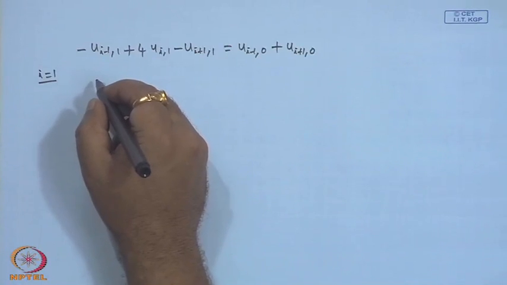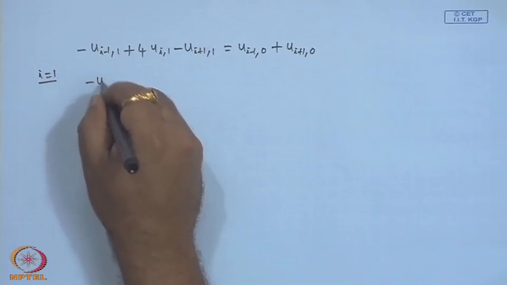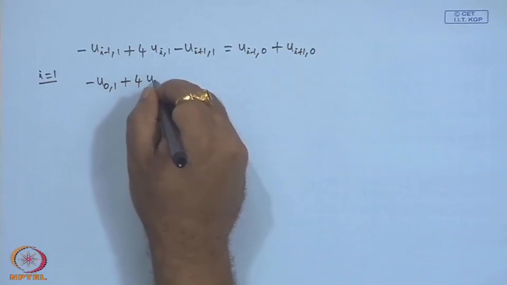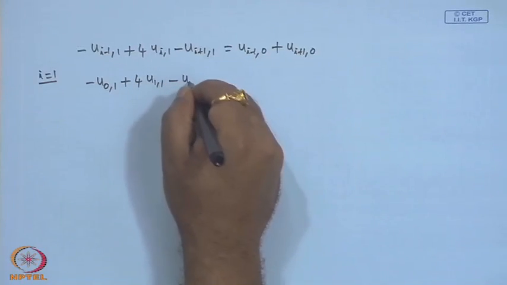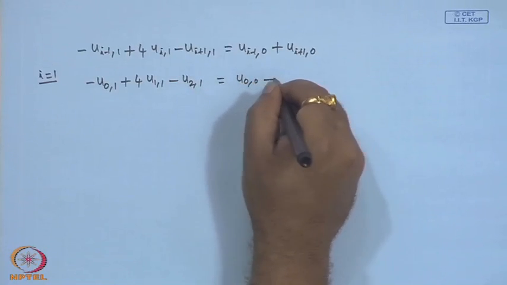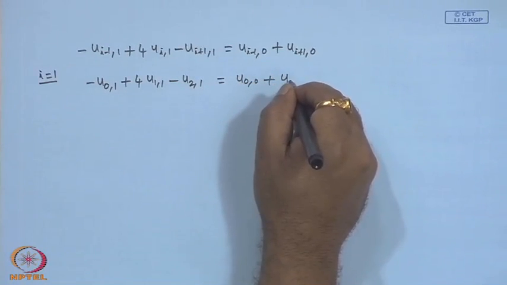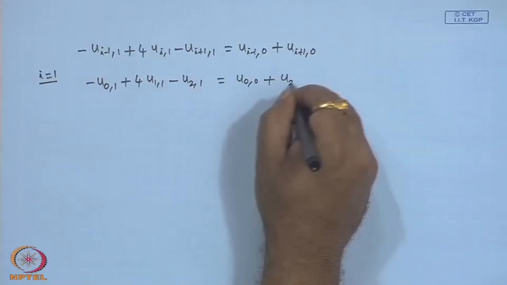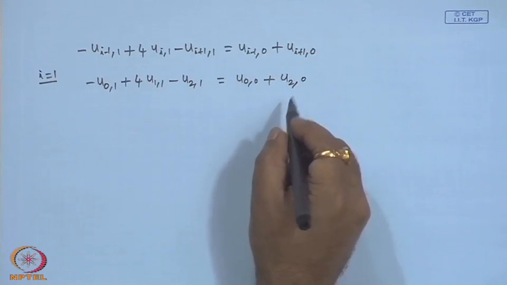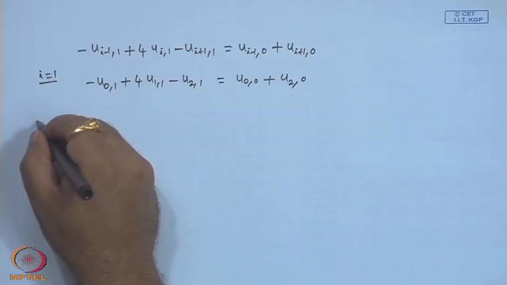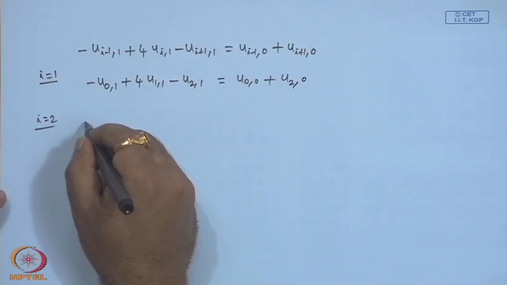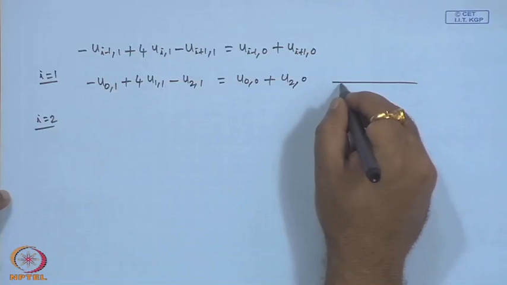So, the equation will be. Okay. So, then I equals to 2, because what are the unknowns?